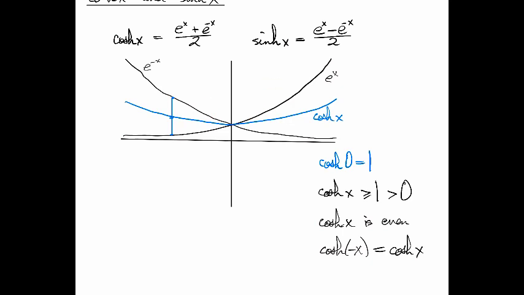Okay, now what about sinh? Let's switch to green. So sinh is the midpoint between e to the x and negative e to the minus x. So negative e to the minus x looks like this one. So here's negative e to the minus x. And so sinh is halfway between that and e to the x that we saw up here.